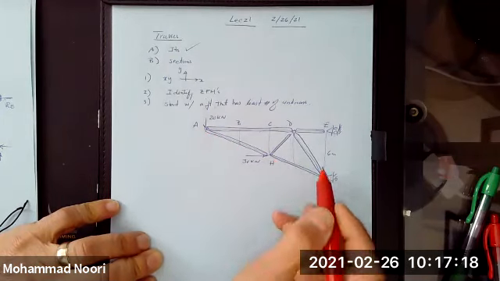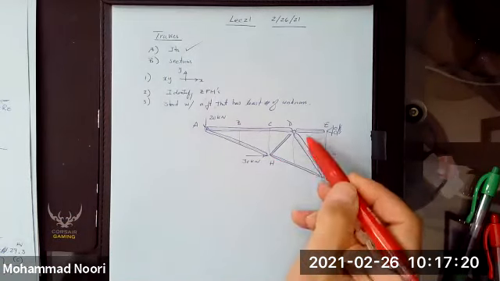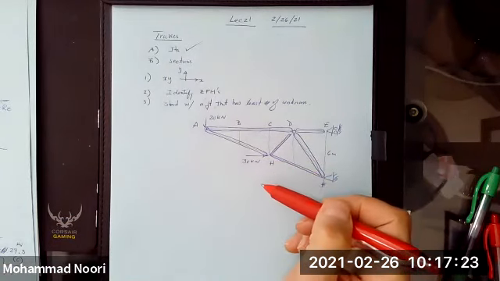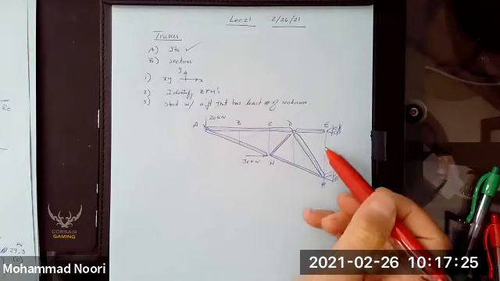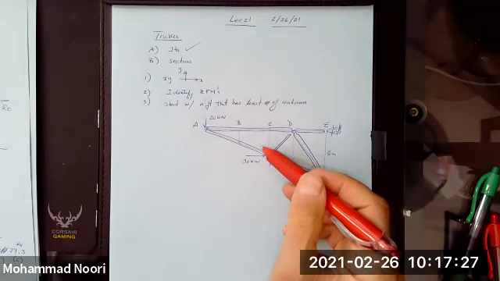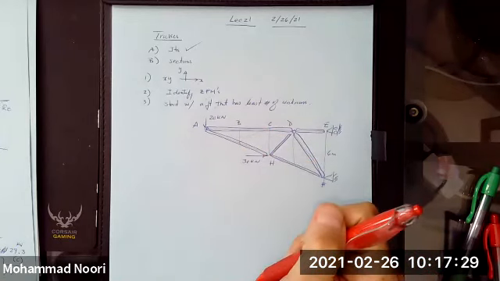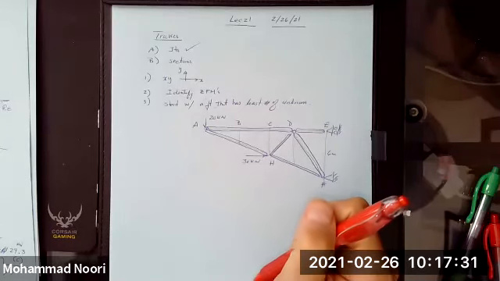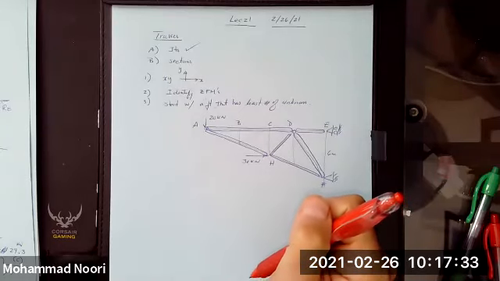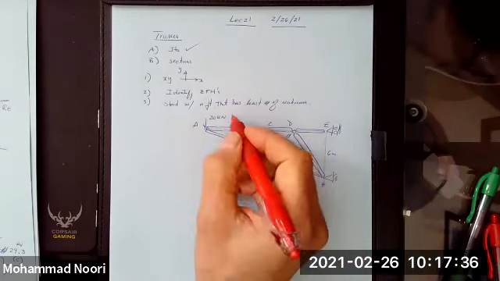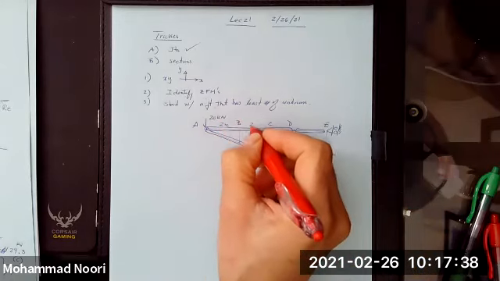So the truss was reduced to finding basically 1, 2, 3, 4, 5, 6 members, right? Instead of 12 members. And of course, these dimensions are given.